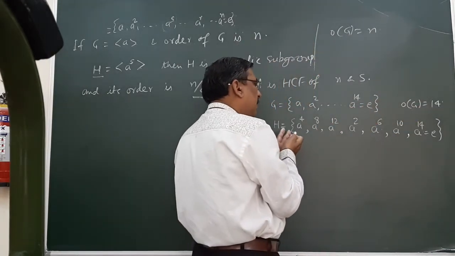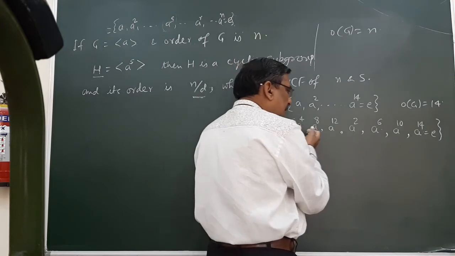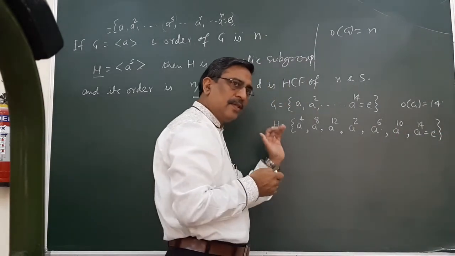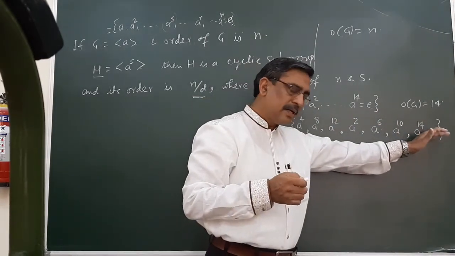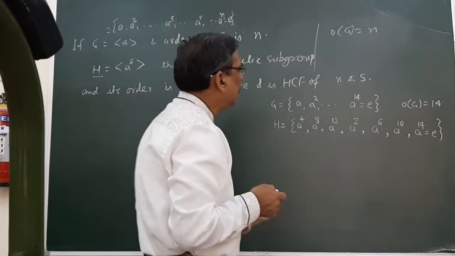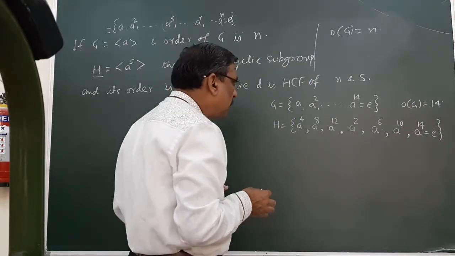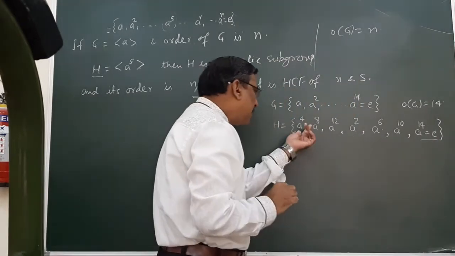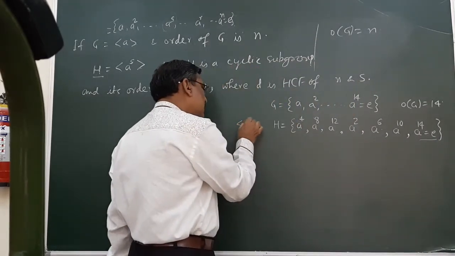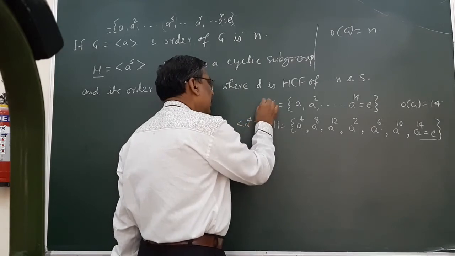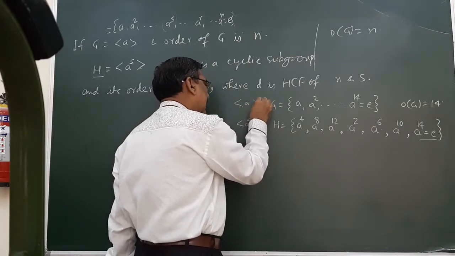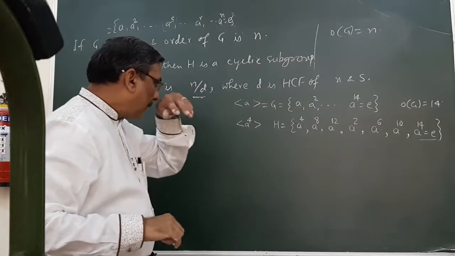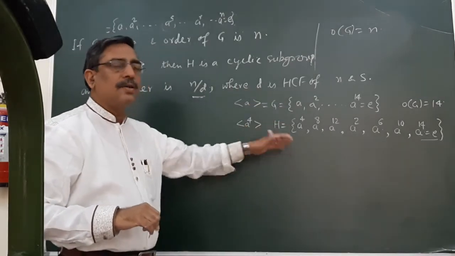A^32 is nothing but A^4, so it repeats the same elements again and again. So identity is there, and it is a subgroup generated by A^4. These are the group and subgroup.